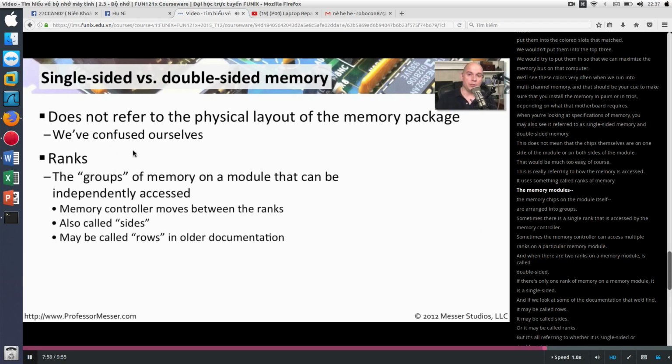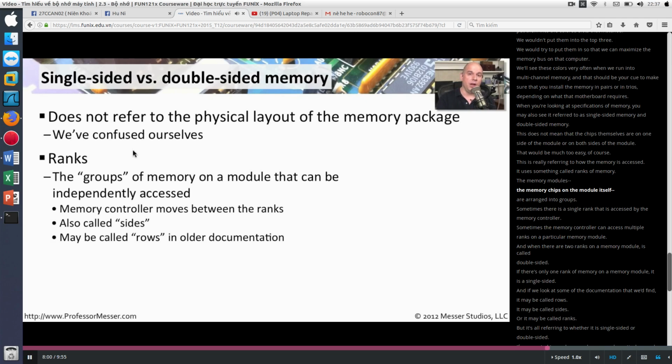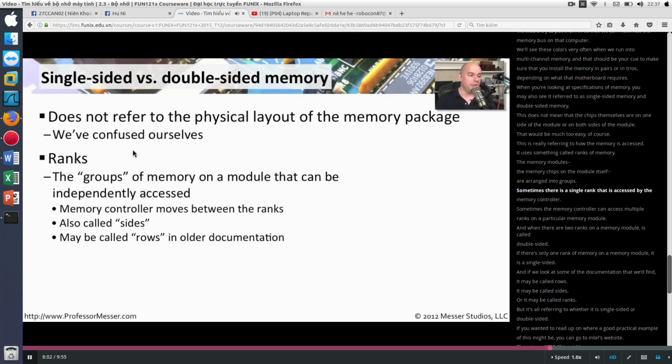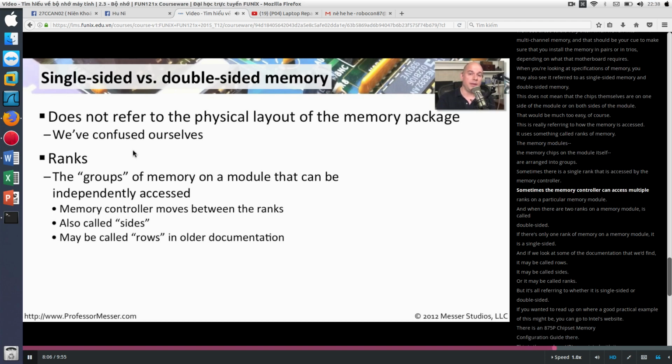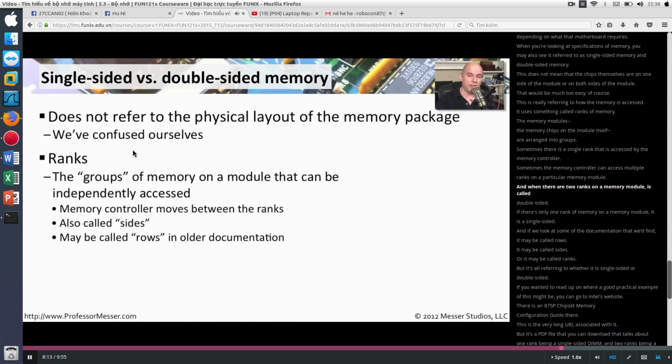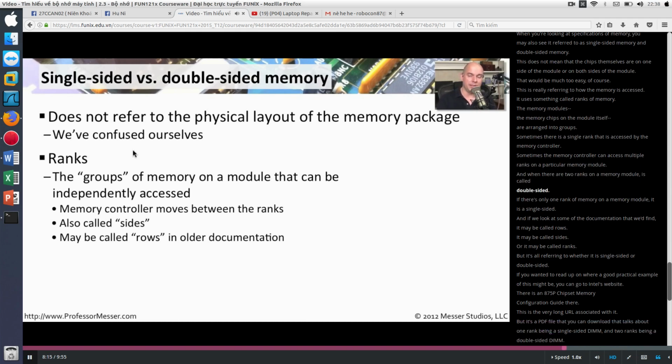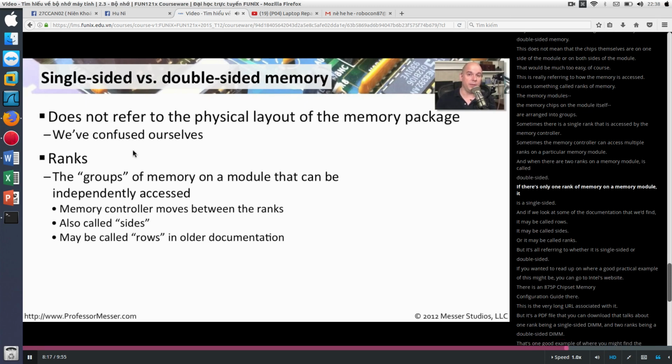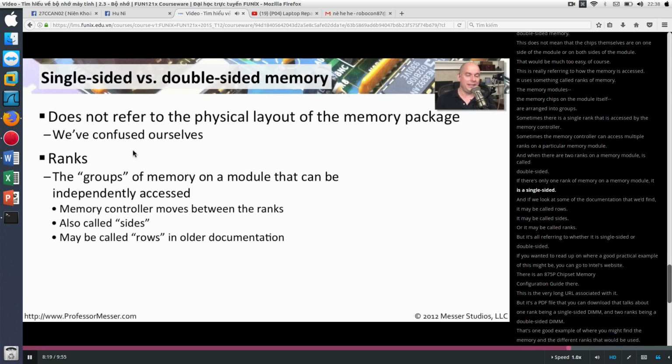The memory chips on the module itself are arranged into groups. Sometimes there is a single rank that is accessed by the memory controller. Sometimes the memory controller can access multiple ranks on a particular memory module. When there are 2 ranks on a memory module, it is called double-sided. If there's only 1 rank of memory on a memory module, it is single-sided.